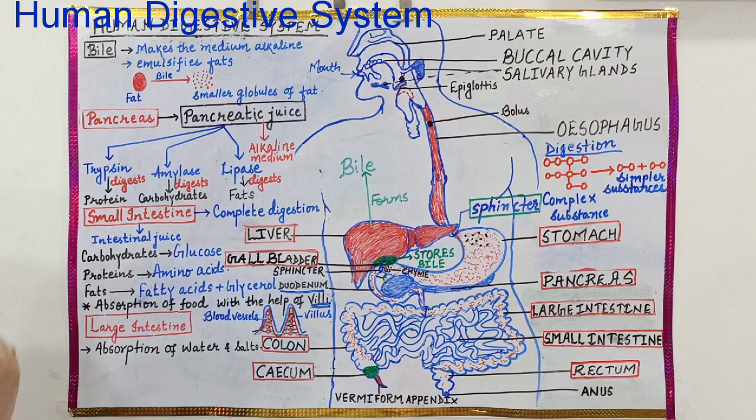That's why their intestine is longer. On the other hand, carnivores have to digest meat, which is comparatively easier to digest, so it does not need to stay for a long duration inside the intestine. So the intestine is longer in herbivores compared to carnivores.